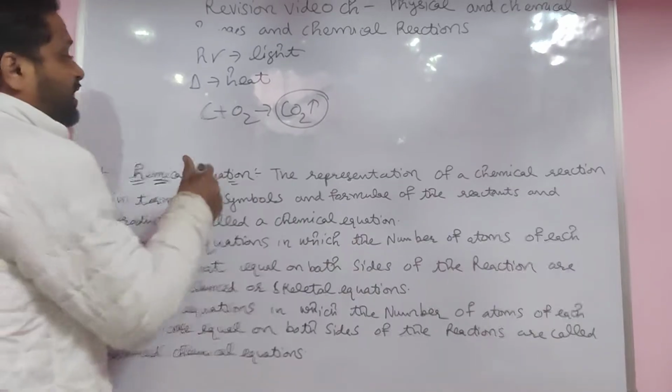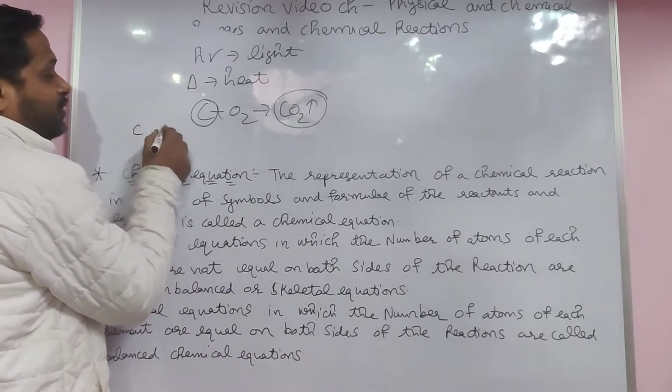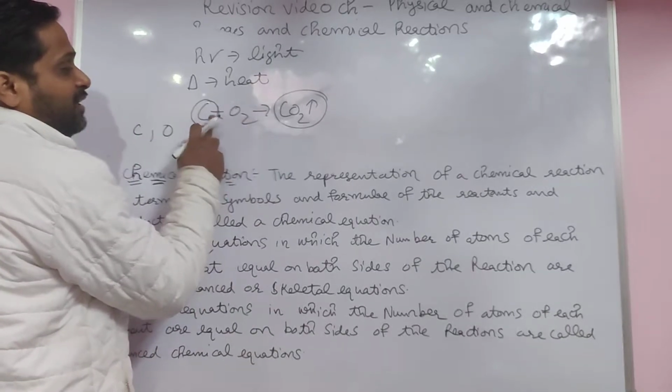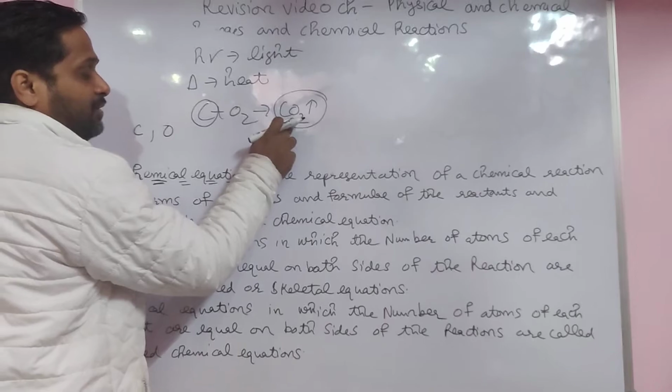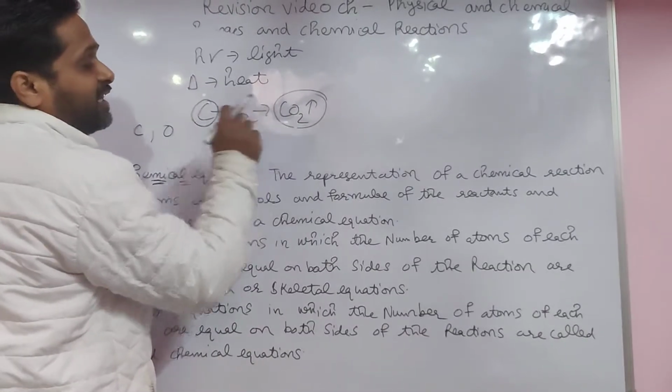In a chemical equation, count on both sides, for example, how many elements are there in the reaction? Carbon and oxygen. Left side carbon 1, right side carbon 1. Left side oxygen 2, right side oxygen 2.